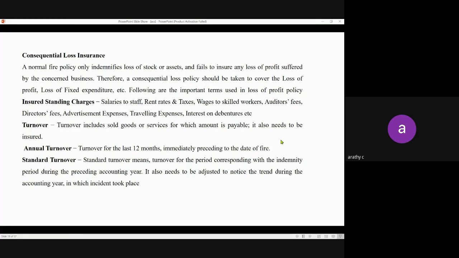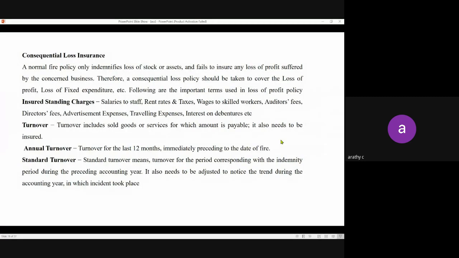These losses can be insured by a loss of profit policy or consequential loss policy. The loss arising due to the discontinuance or interruption of business activities is called consequential loss. So in order to cover this loss, you have to take a consequential loss policy.